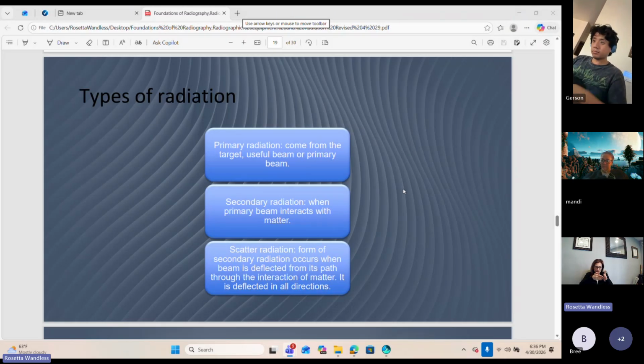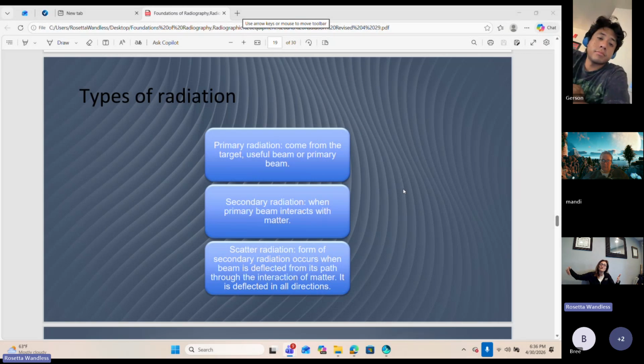The moment it touches matter, it deflects, and that's the deflection of that radiation, that scatter radiation. That's what we're going to call scatter radiation. It forms when the beam is deflected from its path through the interaction of matter. It deflects in all directions. This is why we wear lead aprons. This is why we don't stand in front of the X-ray beam or in front of the X-ray tube head.